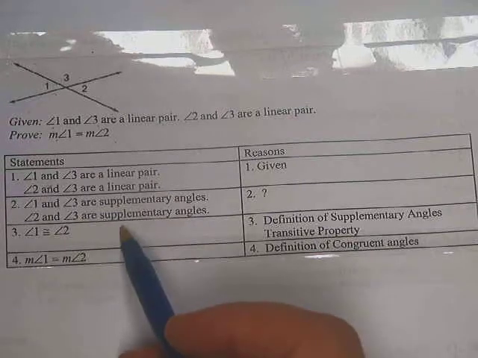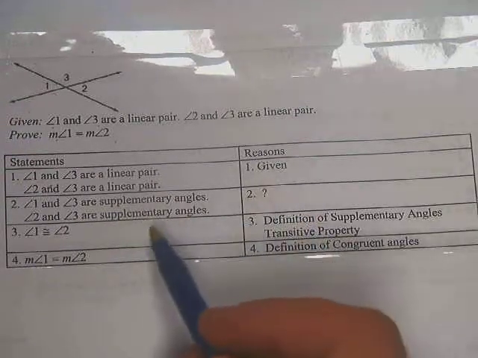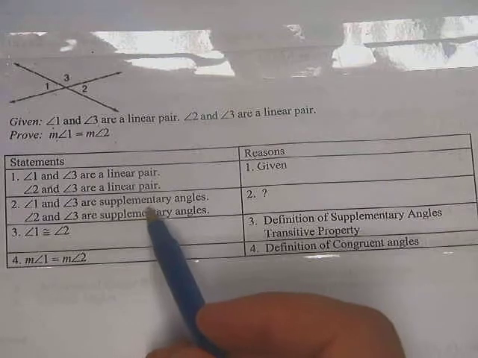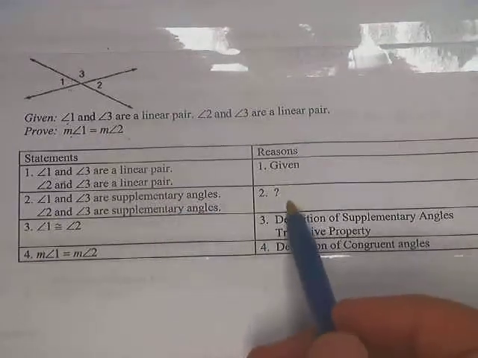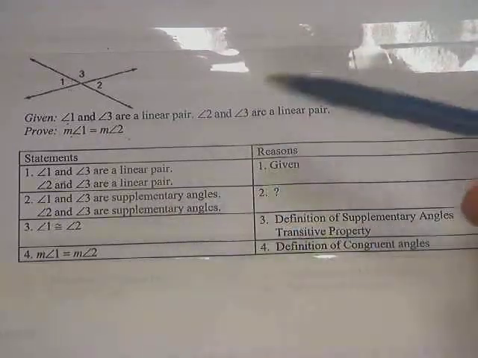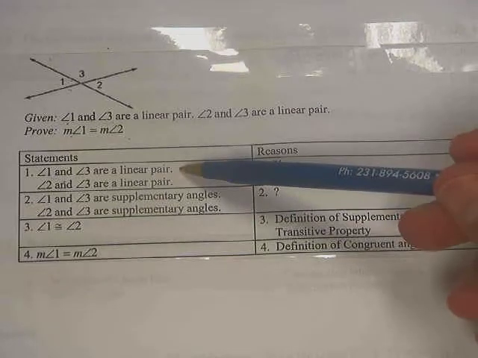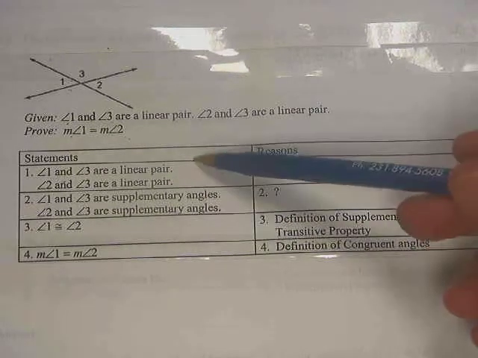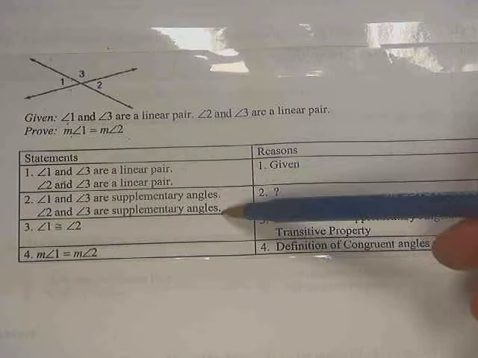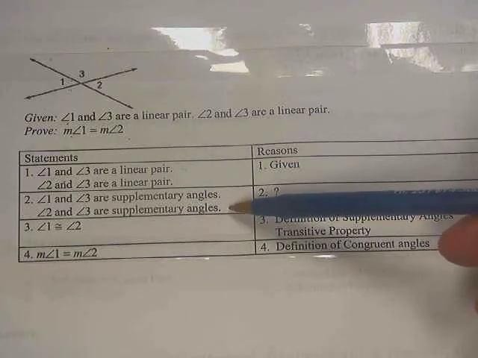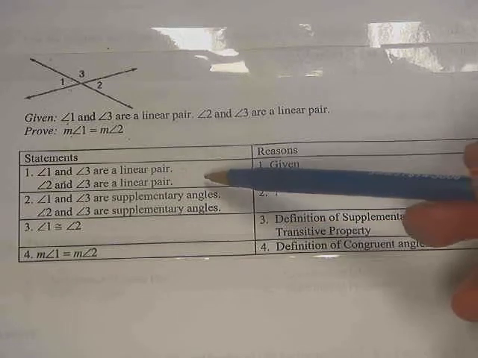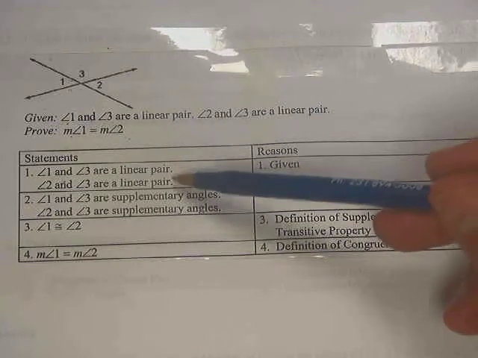All right, now, notice that the next step says angle 1 and angle 3 are supplementary angles. Angle 2 and angle 3 are supplementary angles. Well, what does that mean? Supplementary means they add up to 180. Now, the reason has to be, how do I know if they're a linear pair, they're supplementary angles?